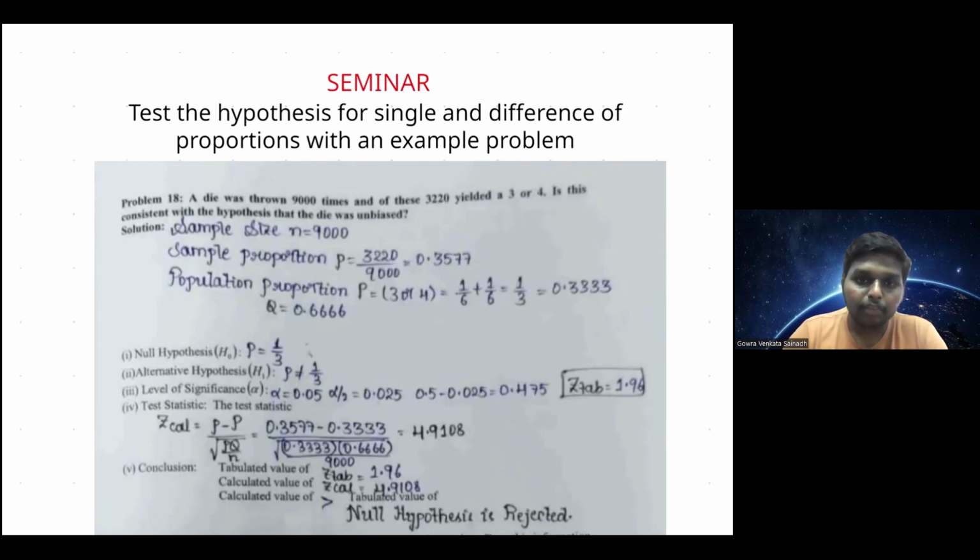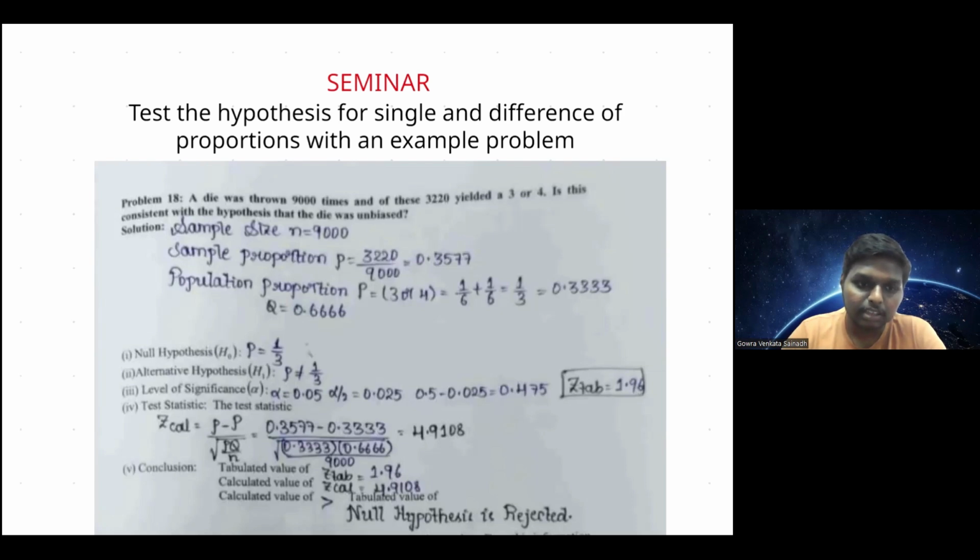And if we take 0.5 minus 0.025, we get 0.475. 0.5 is the acceptance area, and 0.025 is the rejected area on a single tail. Now we get 0.475. For 0.475, we get Z tab as 1.96.